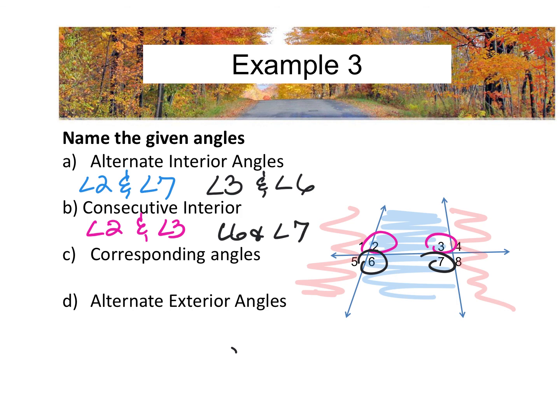Corresponding, you can either choose to draw the box or just know that it skips over one. There's actually 4 of them. If I draw my box, in the upper left, you have 1 and 3. In the bottom left, 5 and 7.